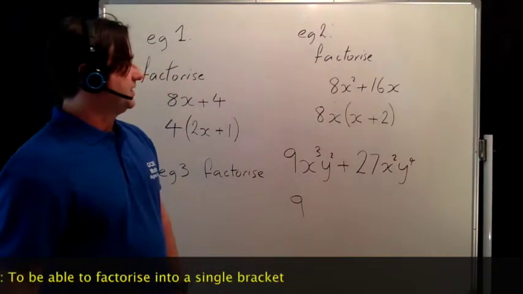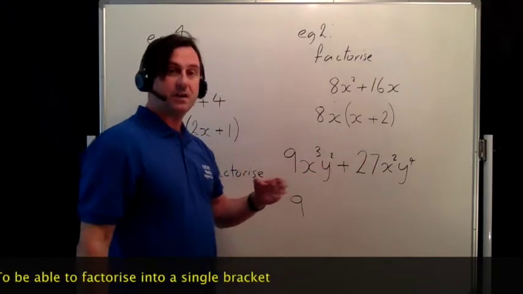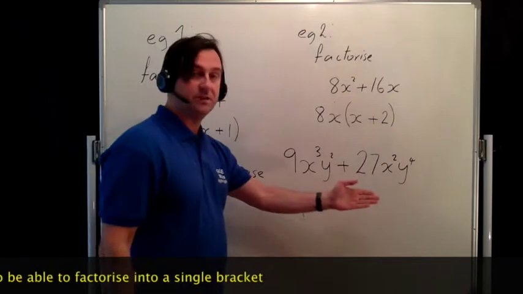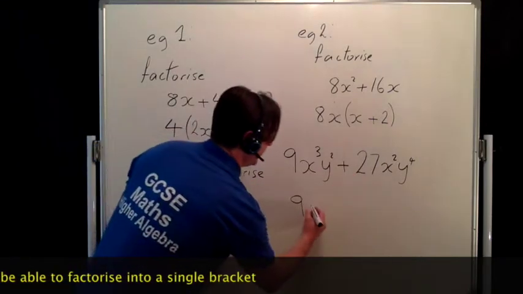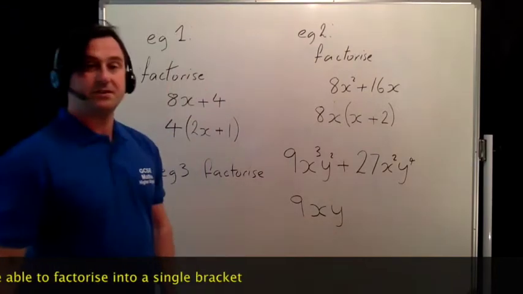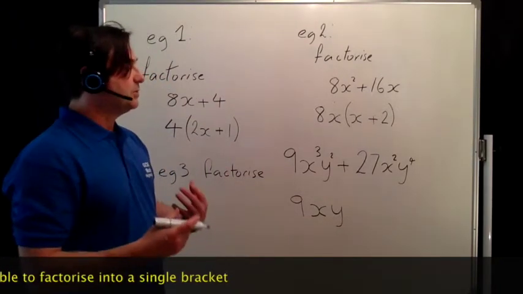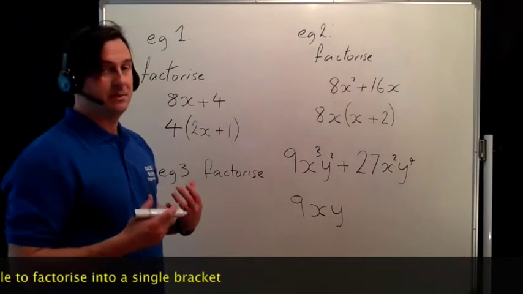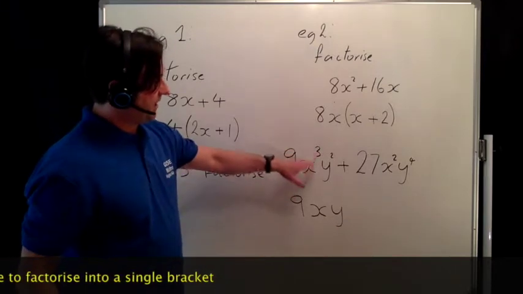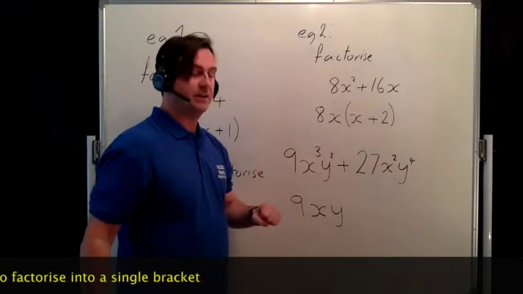What else can we see in both terms though? Well, I can see x in both terms. I can also see y in both terms. So I can write down x and I can write down y outside the brackets. What we then need to do though is look for the smallest power that I can see in both terms. If we look at the x, we've got x cubed and we've got x squared.